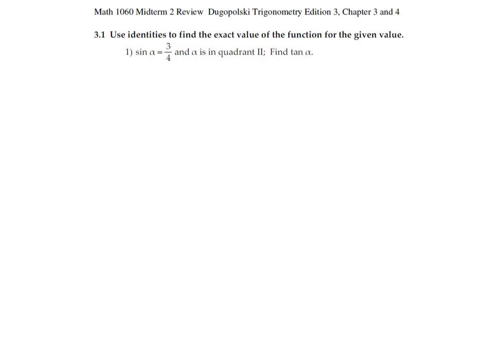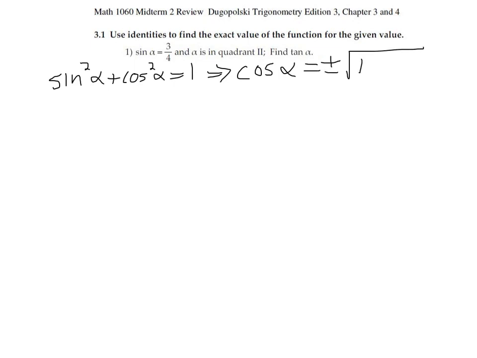Using identities, this book suggests that we go through the Pythagorean identities. This is what it would look like. Starting off, knowing that sine squared alpha plus cosine squared alpha equals 1, we can solve for cosine and end up with cosine alpha equals plus or minus the square root of 1 minus sine squared alpha.